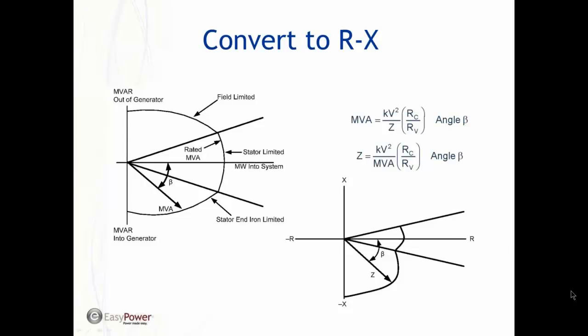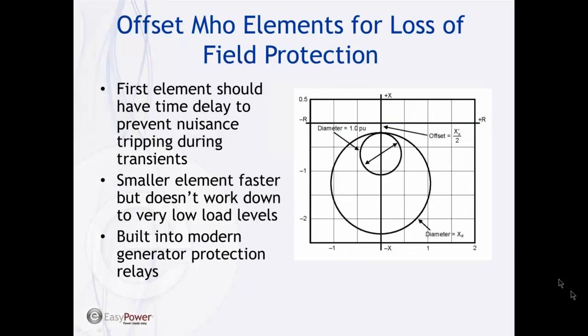So my generator needs to operate outside of this region here. Once we've defined that region, we can set the distance elements. We typically use two. These are offset mho elements, and these are going to be built into your relay typically. This is for loss of field again.